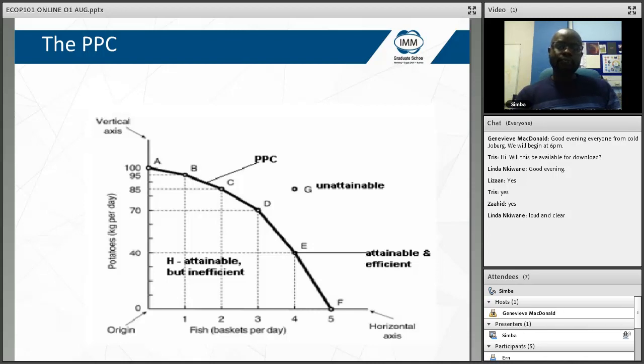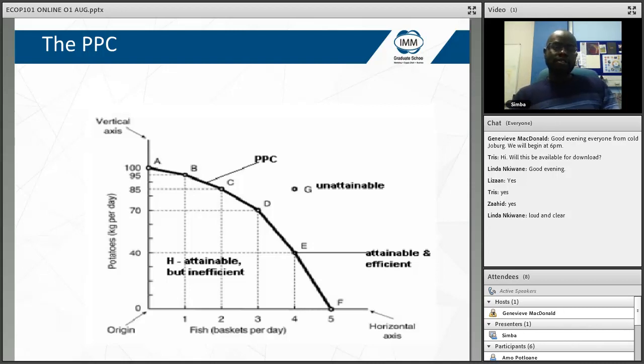The PPC helps us to explain choice, opportunity cost, and scarcity. Opportunity cost is the value of an alternative that could have been taken but was not taken.